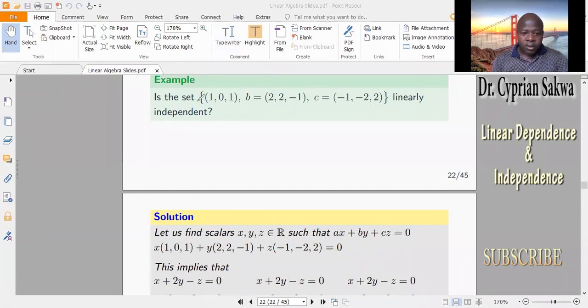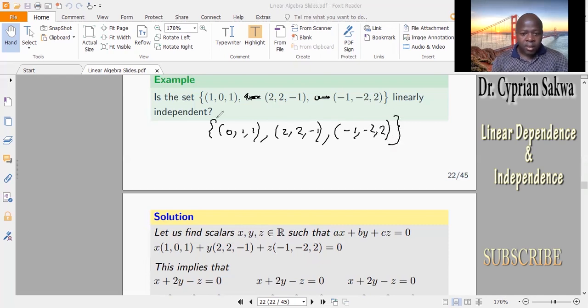So the question is, the set comprising of (0, 1, 1), (2, 2, -1), (-1, -2, 2).